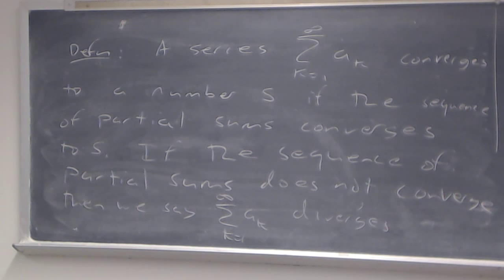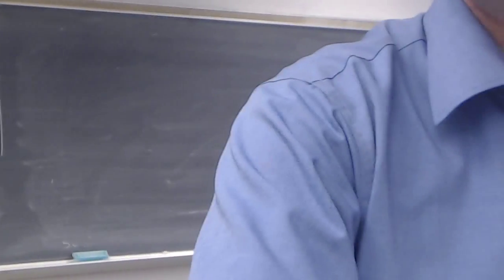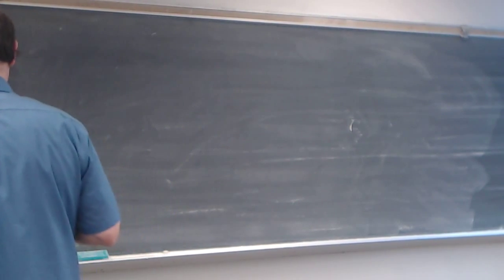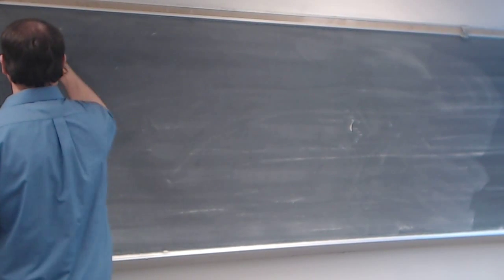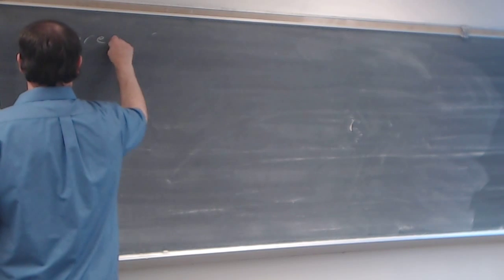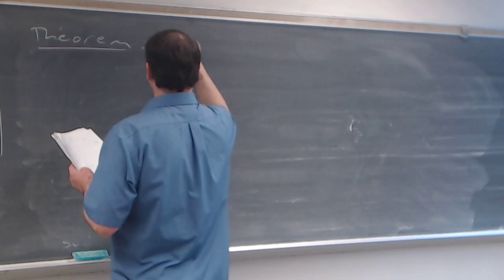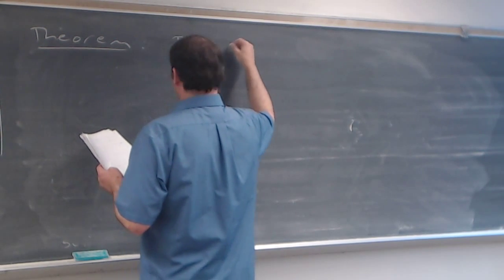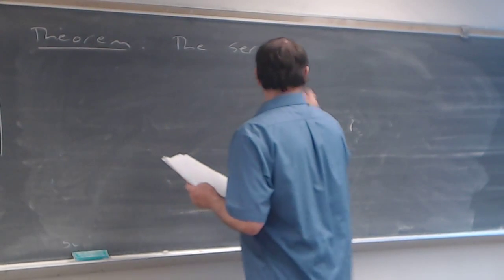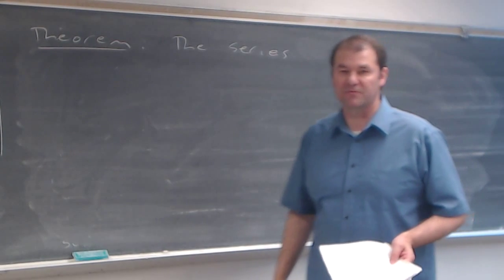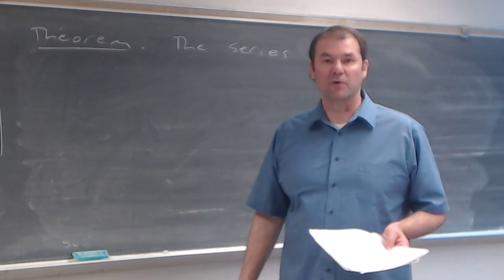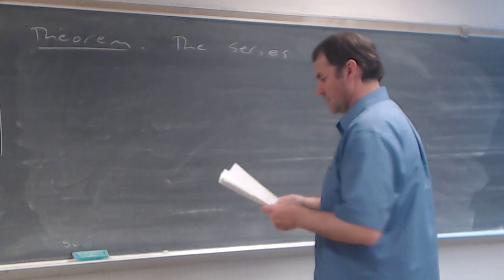We'd like to get some kind of criteria that helps us determine convergence. And so we have one due to Cauchy. Okay? So let me write this theorem on the board. This is the Cauchy criterion, if you will, for convergence for series.